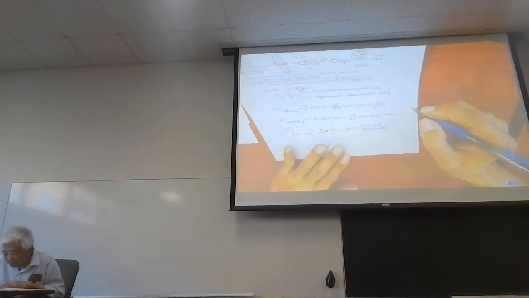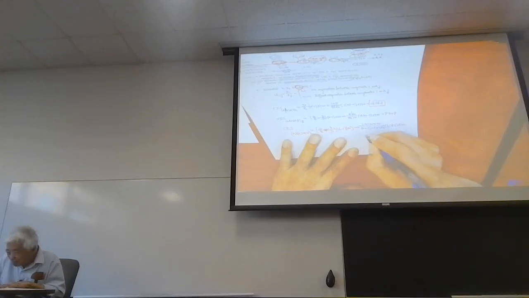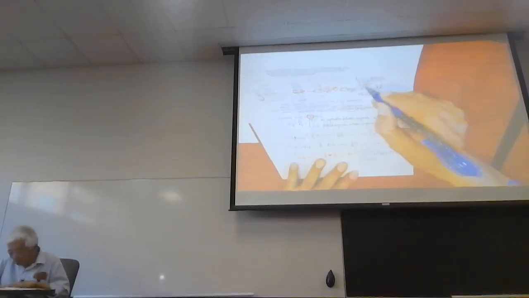Relative volatility 1.18 minus 1 times 100 gives 2.485. That is this one.